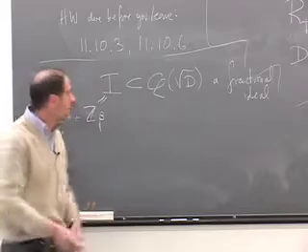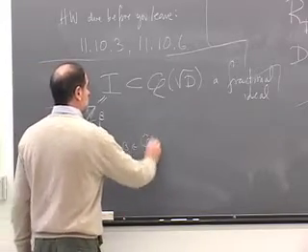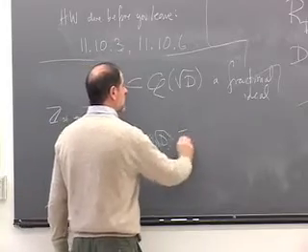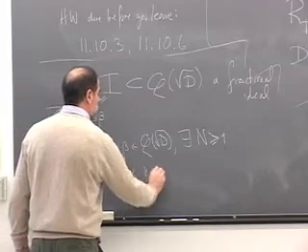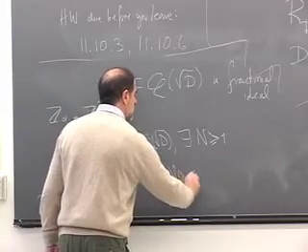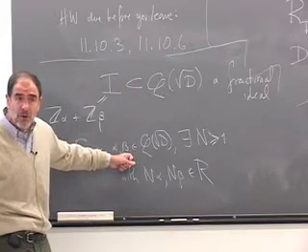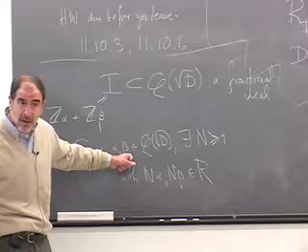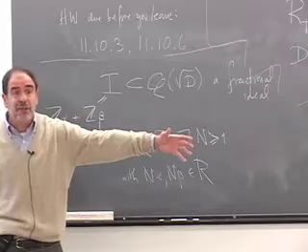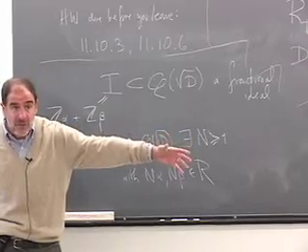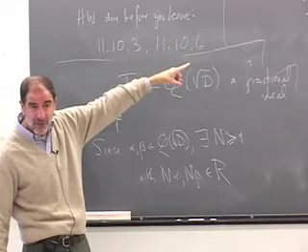So since alpha and beta are in Q(square root of D), there exists some integer n greater than or equal to 1 with n alpha, n beta in R. Namely, these are algebraic numbers. They satisfy some polynomial with rational coefficients. So by clearing denominators, by multiplying them by a large integer, you can make them satisfy a polynomial with integer coefficients. Therefore, they are in R, since R consists of the things that satisfy polynomials with integer coefficients.